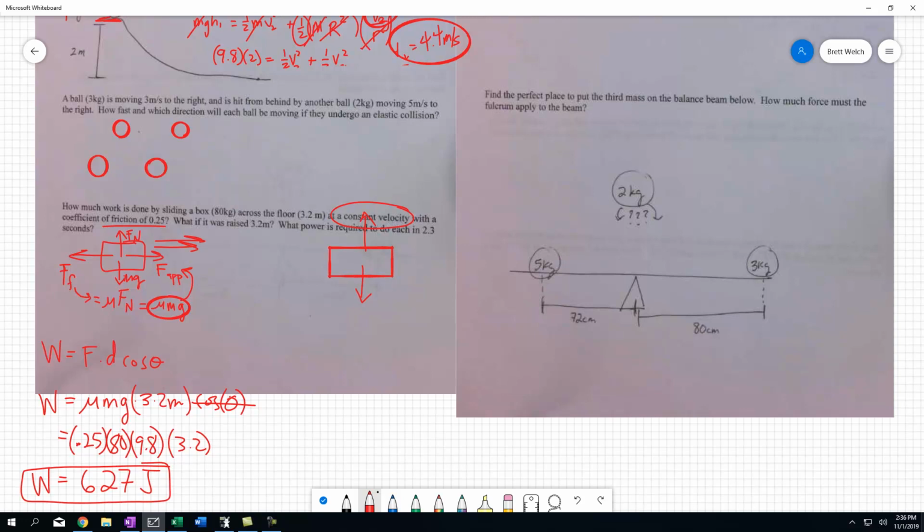At the end of the problem, you're asked to find the power. Well, power is defined as work over time. So we would just take that work, 627, divided by the 2.3 seconds, and we get roughly 273 watts. That depends on whether you're rounding along the way, but you should have something very close to that.